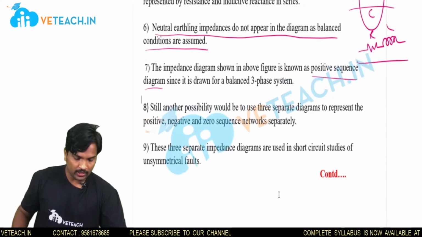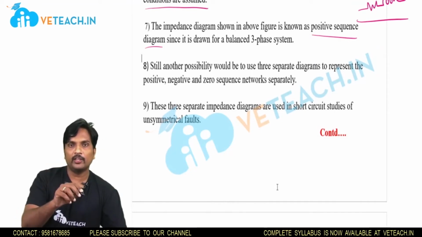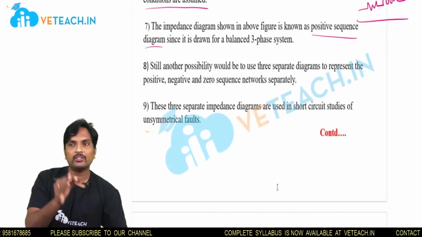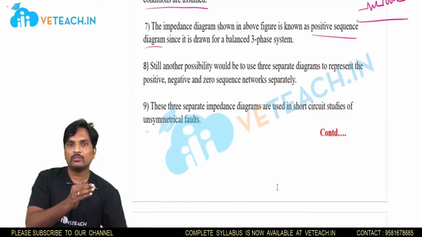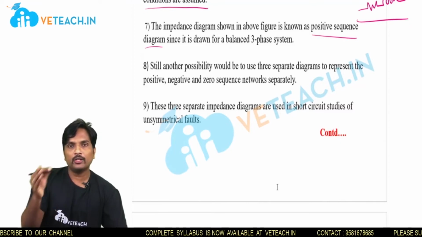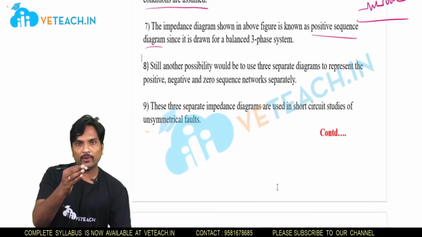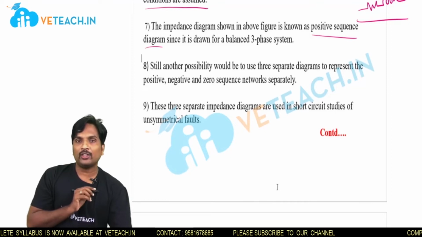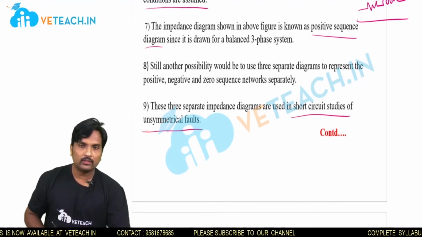Understand? And next, we can represent that impedance diagram as three individual diagrams: positive sequence, negative sequence and zero sequence. What is the purpose of dividing the impedance diagram into three networks? In order to calculate the fault currents, or to do short circuit studies in unsymmetrical faults.